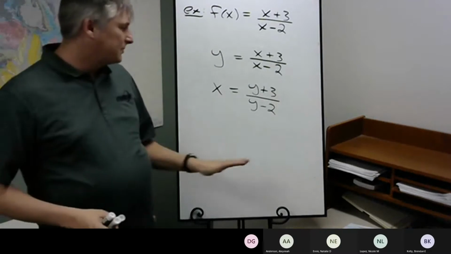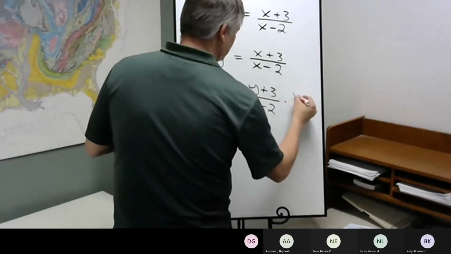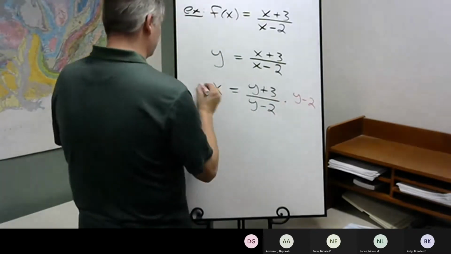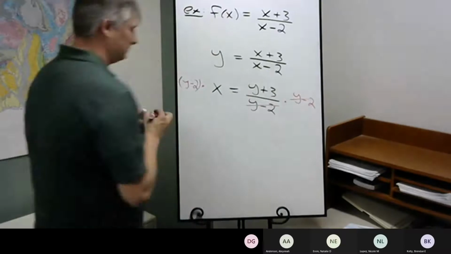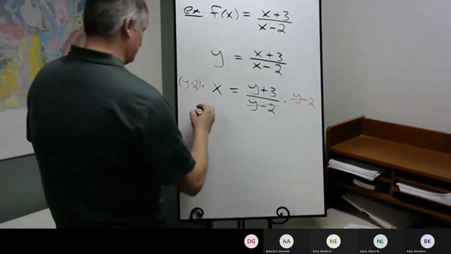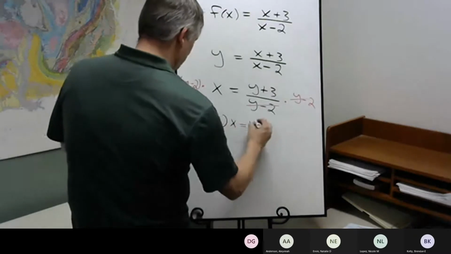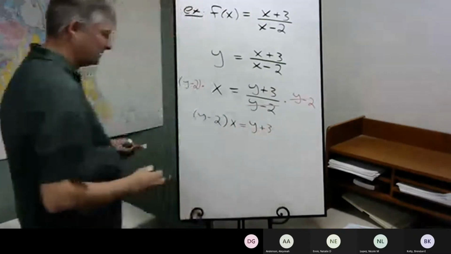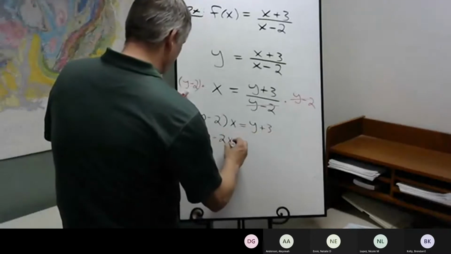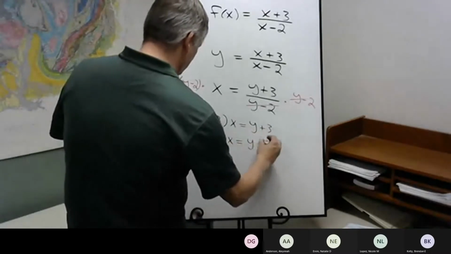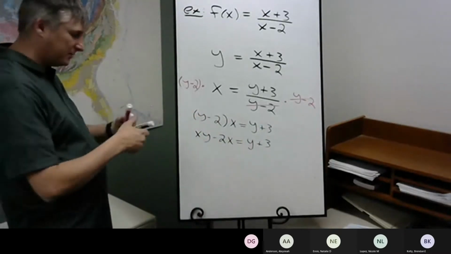We could multiply both sides by y minus 2. Distribute the x. We could subtract y from both sides.